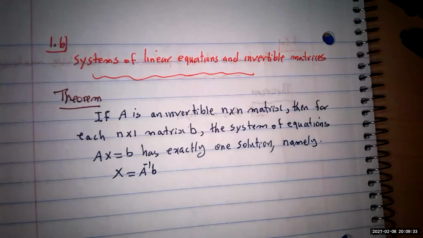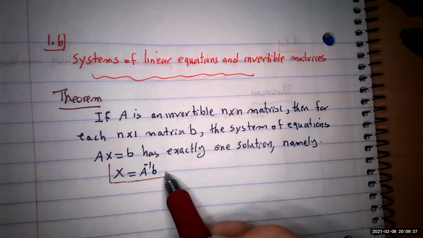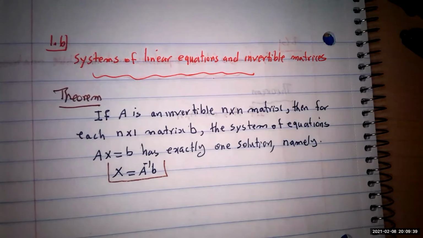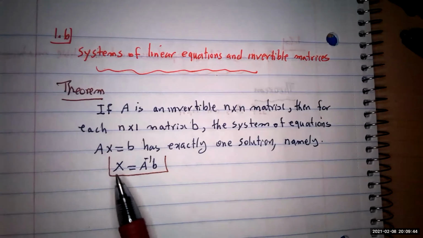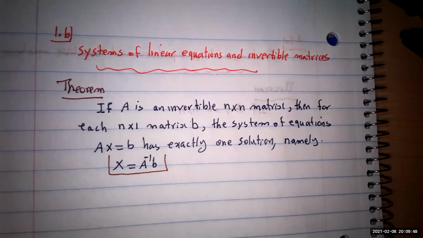What we do is, if a matrix A is invertible, we can multiply both sides from the left by A inverse. So A inverse A would be I, giving X, and we get A inverse B, and then you're done.